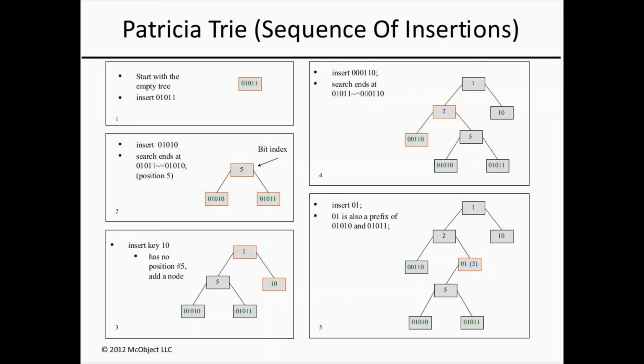If there are no more bits, then the key is found. If the prefix does not match the sequence of bits kept in the vertex, then we found the best match as opposed to the complete match. If we need to insert and the prefix did not match, then the vertex is going to be split into two, creating a new vertex as a root, and the common prefix for the two children is written into it.